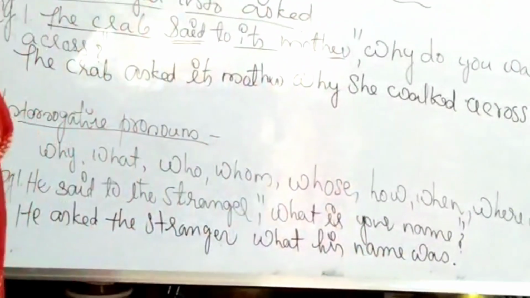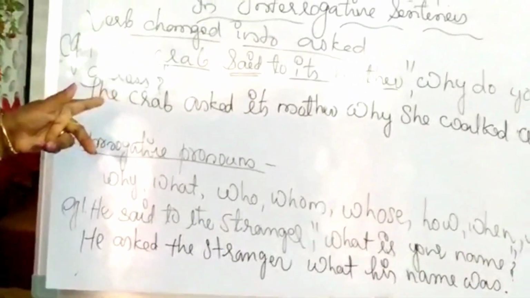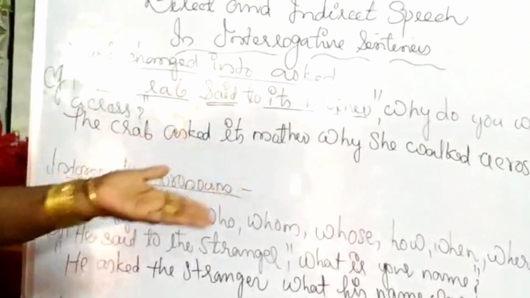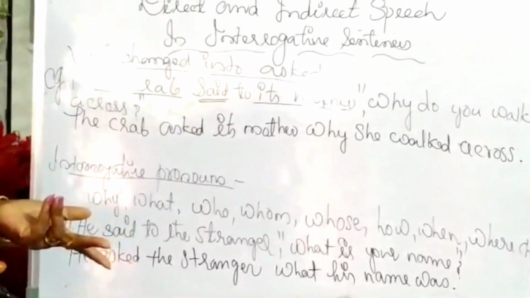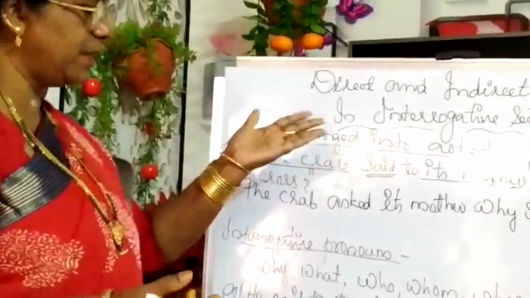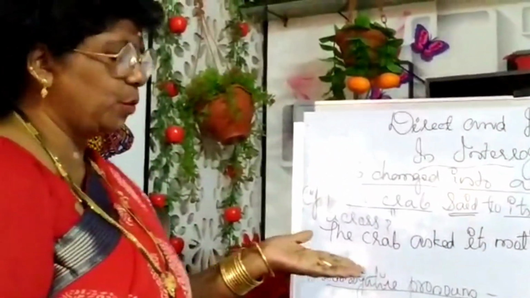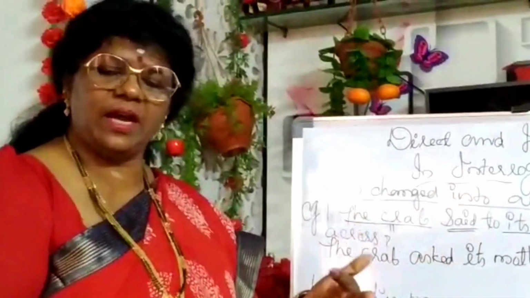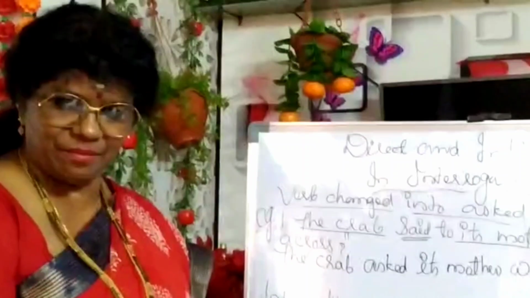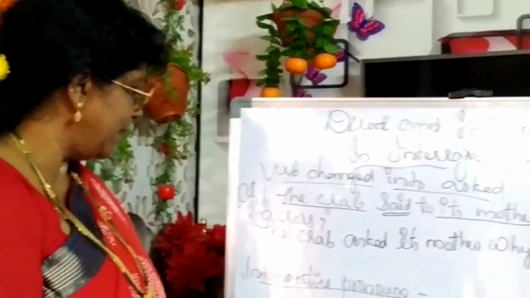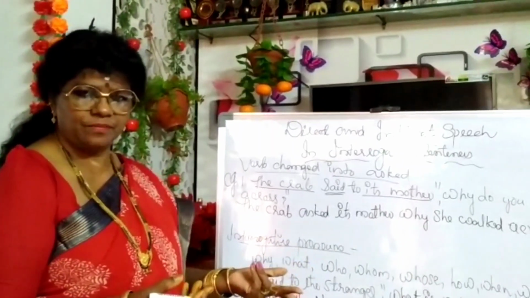What his name was. What is your name? That is interrogative form. So whenever we change direct to indirect speech, same as an imperative sentence, what do we have to do? We have to change the question form into assertive form or statement. So he asked the stranger what his name was.